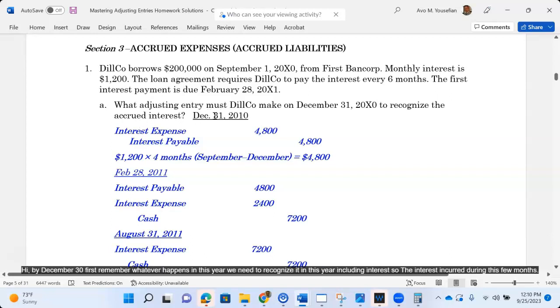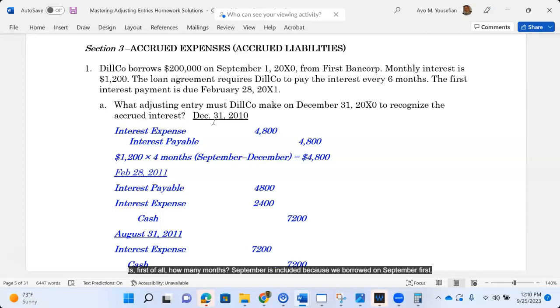However, by December 31st, remember, whatever happens in this year, we need to recognize it in this year, including interest. So the interest incurred during these few months is, first of all, how many months? September is included because we borrowed on September 1st.